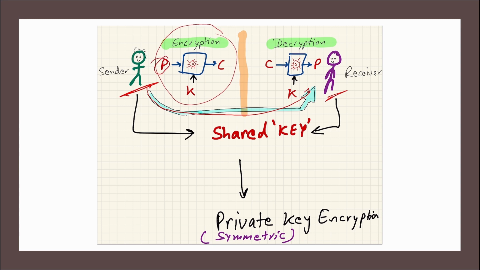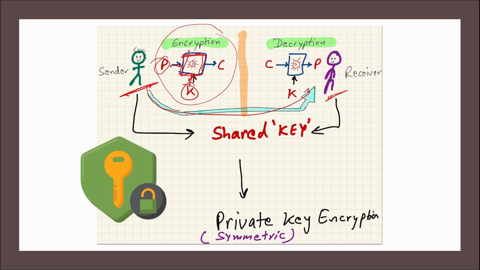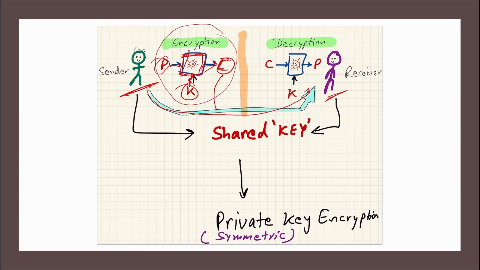He'll input the plain text, the clear text message which he wants to communicate, into this encryption algorithm. This encryption algorithm will use a key and generate a ciphertext, as we studied in the previous slide. Now this ciphertext will be sent over to the receiver.